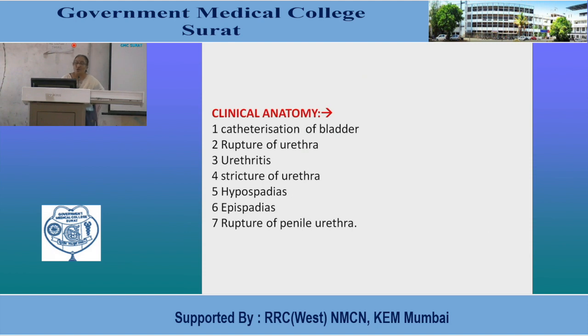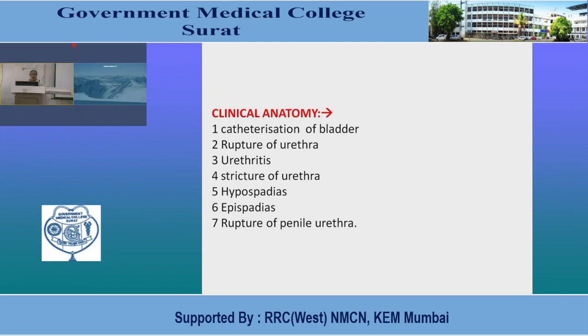Now stricture of the urethra can abnormally occur. Then hypospadias and epispadias, both of which are embryological developmental defects. Hypo means below: the opening of the urethra is below, either in the penis or in the perineum.